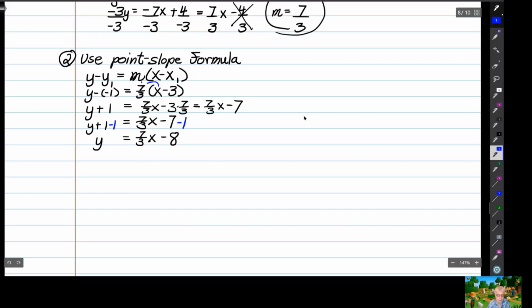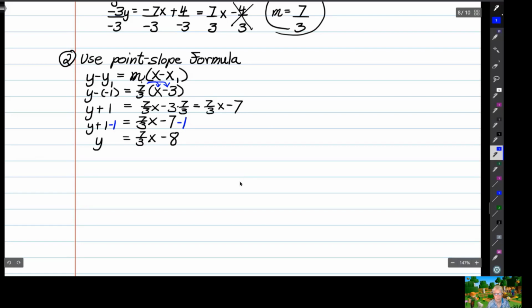I distribute 7/3 to x and to -3. And what that gives me over here is 7/3 x minus 3 times 7/3, which gives me 7/3 x minus 7.